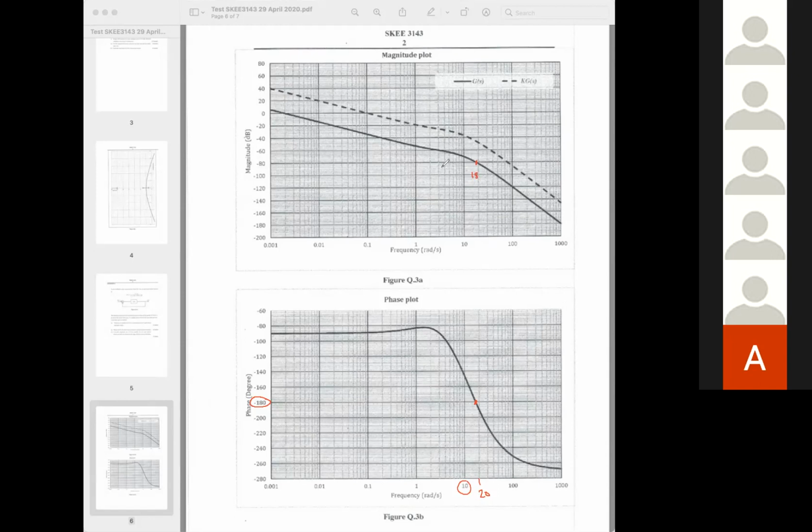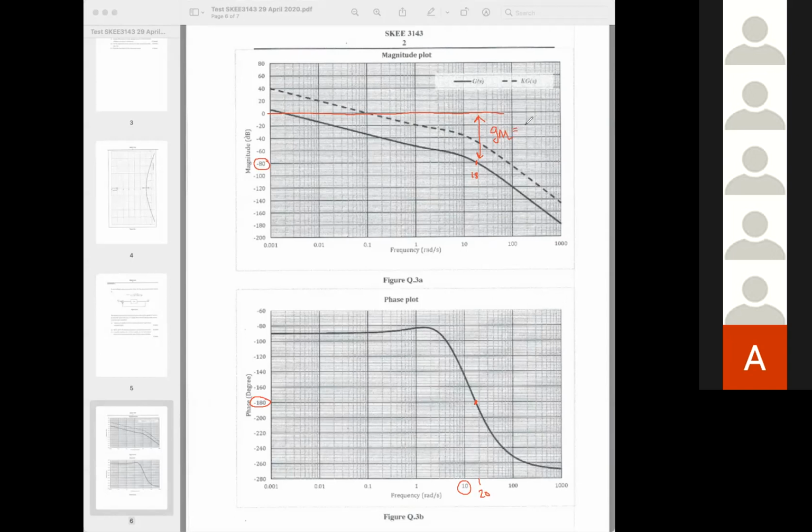Okay, Aina, what is the gain value at 18? Minus 80. So the margin here, this one we call the gain margin.